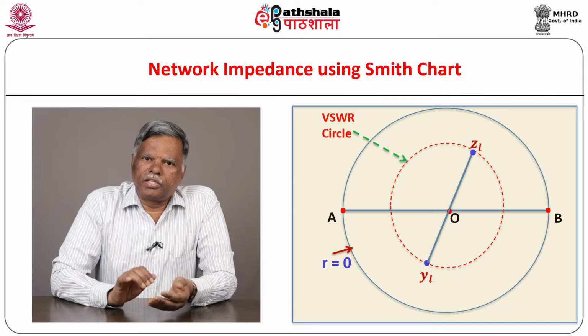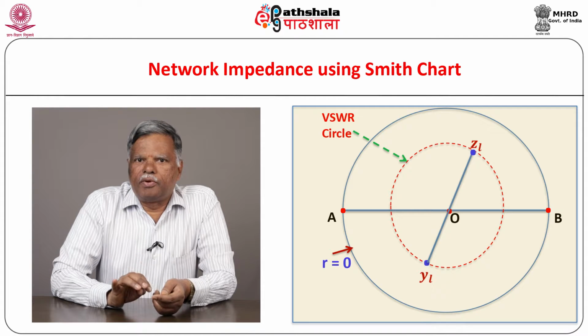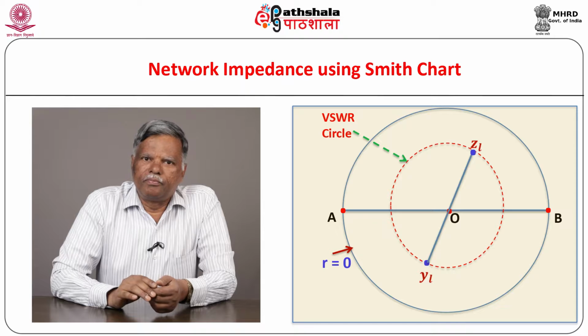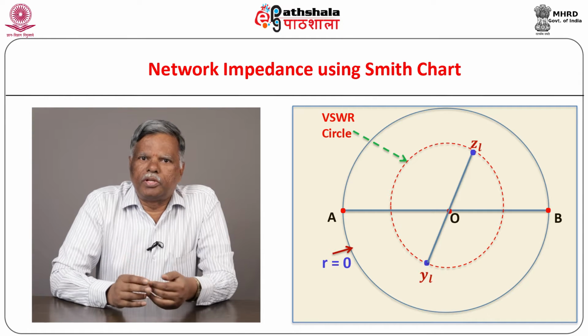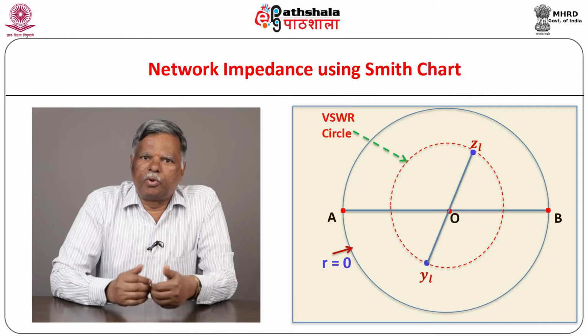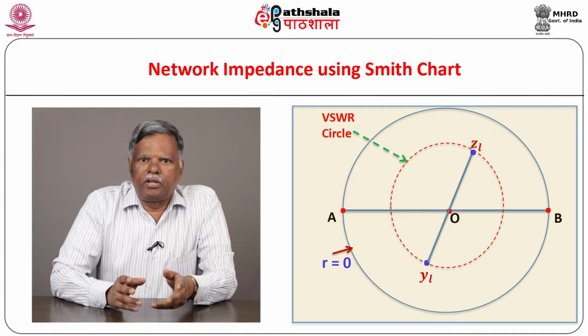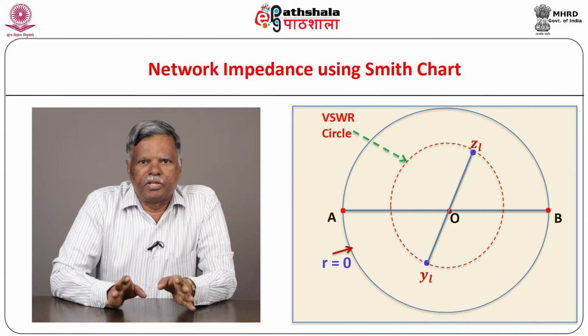So, let us see some important definitions. For example, normalized impedance, that is the impedance divided by the characteristic impedance. Similarly, reciprocal of the impedance will be admittance. Then reciprocal of the resistance is called conductance. Reciprocal of reactance is called susceptance.